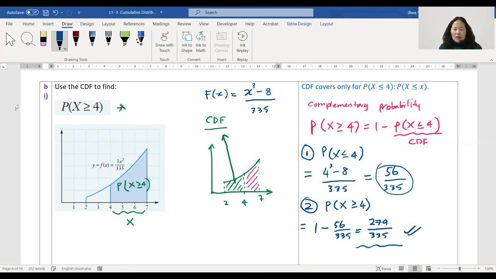Okay, so that's what we're going to get. So remember, CDF just gives you from the start. Remember that when we did the formula, we did the start to where it's supposed to be. That's our starting point, wasn't it? From the domain, it only represents the first part of the area.